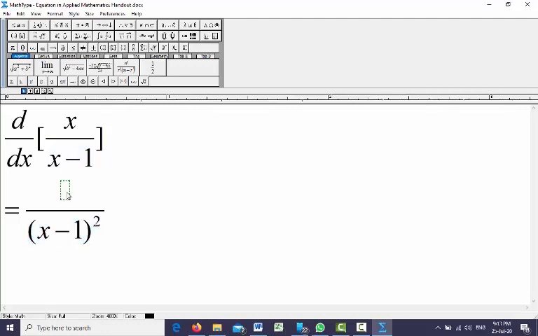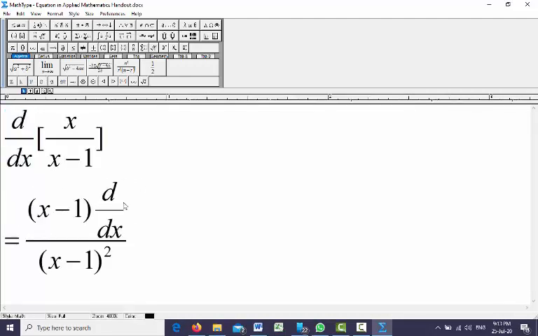Now, whatever you have in the denominator, you will write that part in the numerator first, and then you will have a d by dx, and in front of d by dx, whatever you have in the numerator, you should write that one.